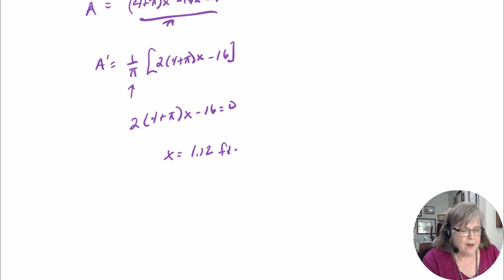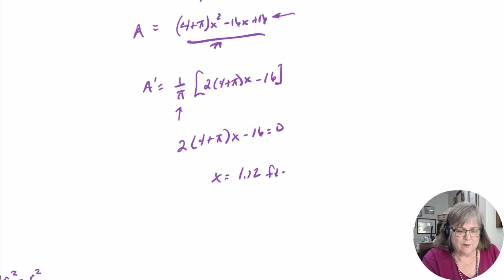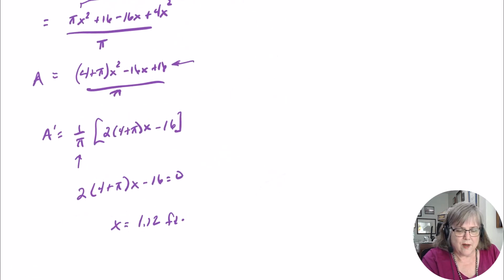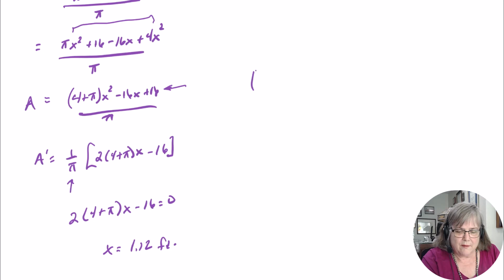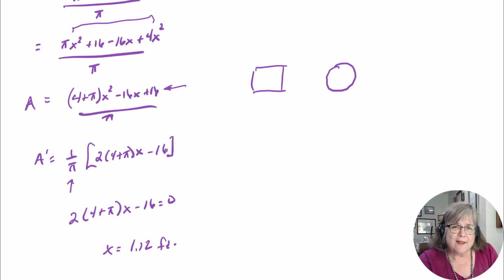Now, what we really haven't talked about, when we're doing all of this, is what we had: a square and a circle. This is not like it's going off to infinity or anything like that, because you only have 8 feet to deal with. So let's look at the endpoints.